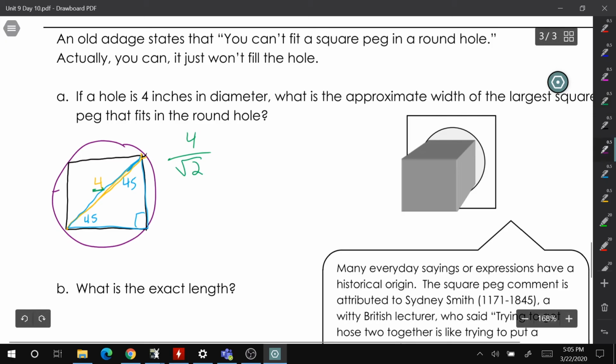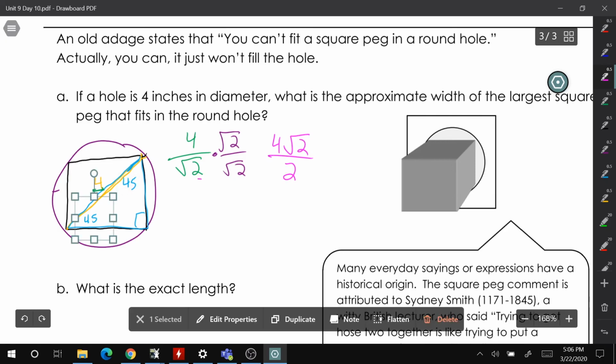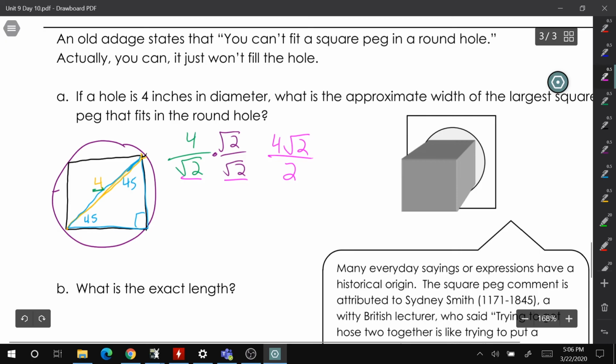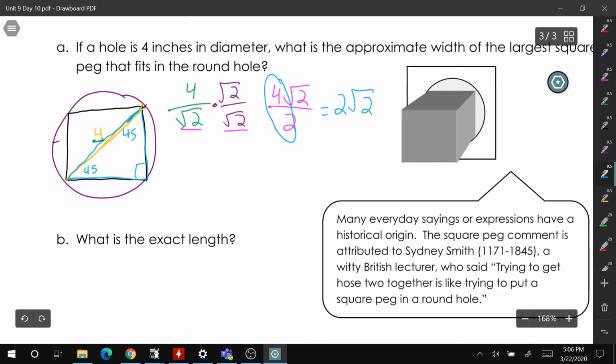But we can't leave a square root in the denominator, so we get 4 times the square root of 2 over 2, because these two multiply and give us 2. Then we can simplify: 4 divided by 2 is 2, so 2 square root of 2. That is the exact length.